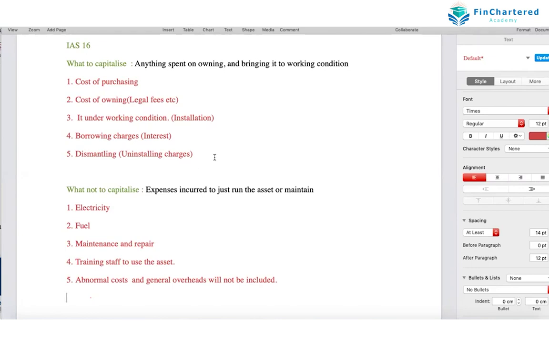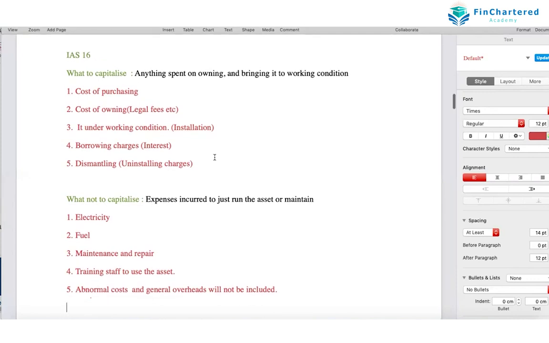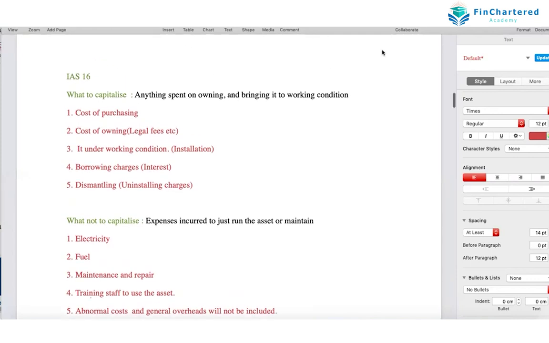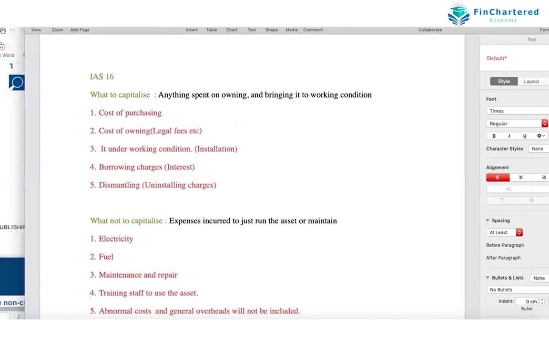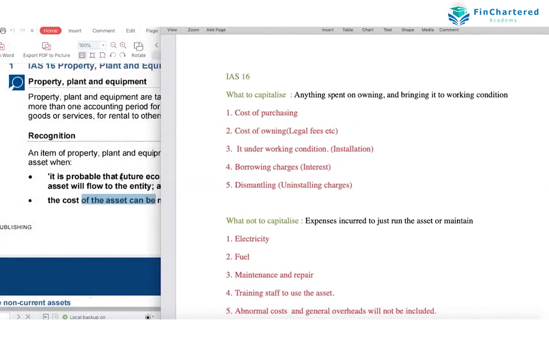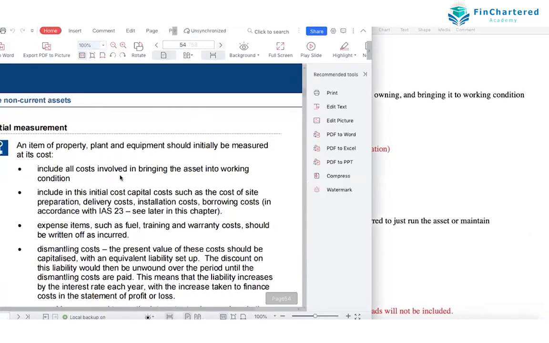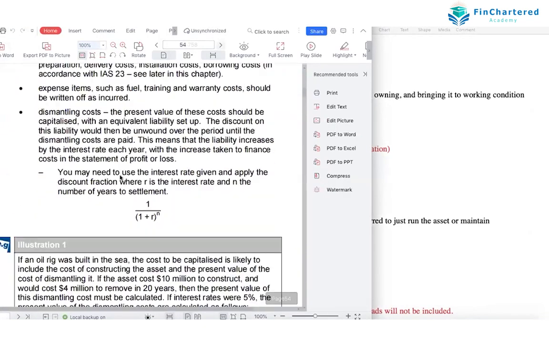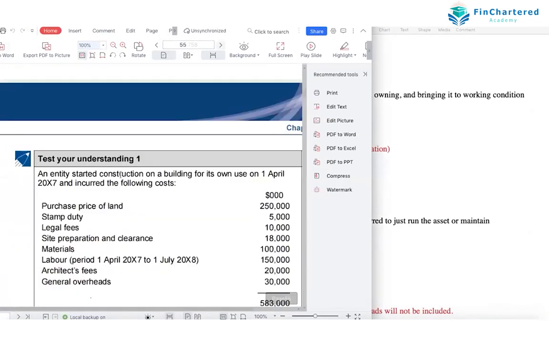Yes, guys, is this clear to all? Everybody is clear with this? Yes or no? Clear? Very good.